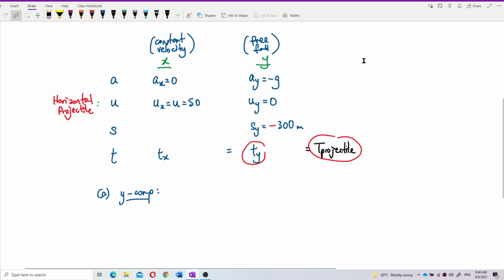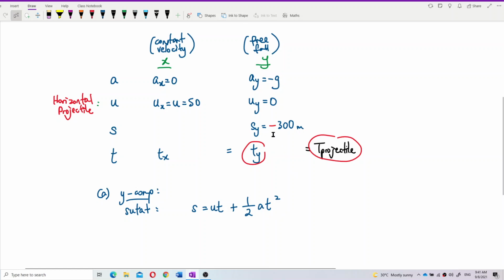Okay, so what equation is suitable? SUVAT. The SUVAT formula is S equal to UT plus half AT square.